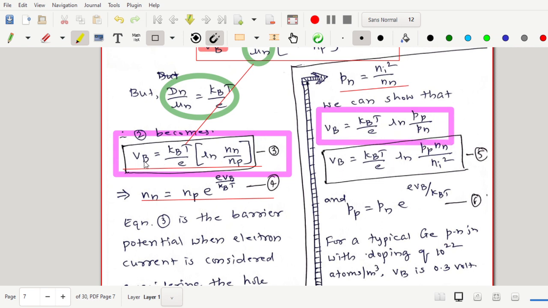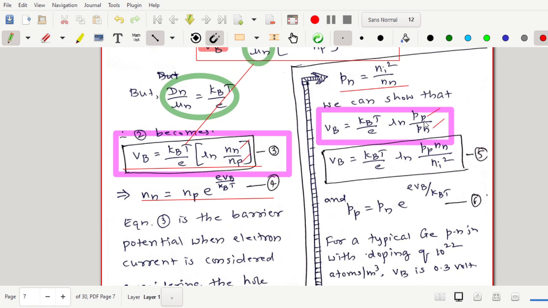Here VB is equal to kBT by E ln Nn by Np. This is if we consider the electrons. If you consider the holes, the equation will be like this. The only difference is that here we have Pp and Pn, and here we have Nn and Np.